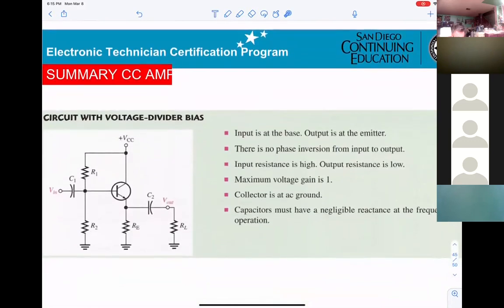That will be common collector. Input is at the base, output is at the emitter. There is no phase inversion; from input to output, they are in phase. Input resistance is high, output resistance is low. Maximum voltage gain is only 1. The collector is at AC ground.